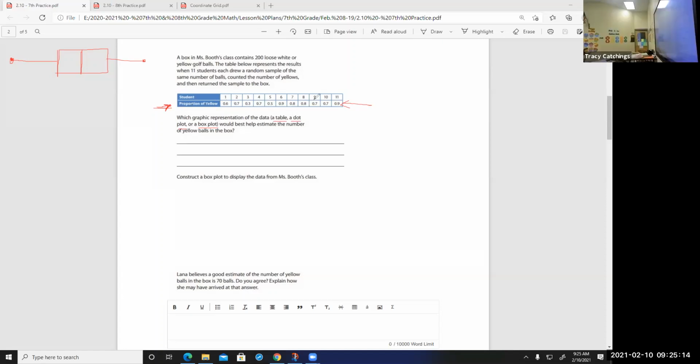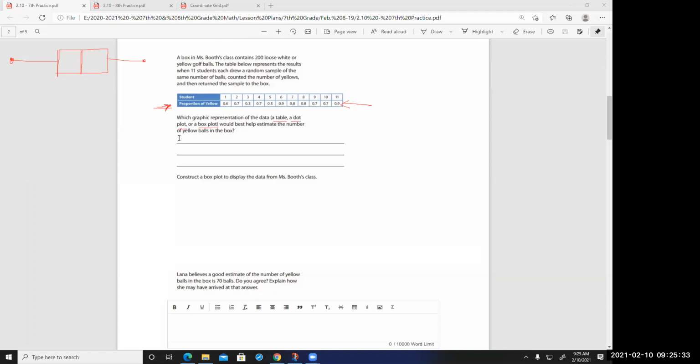So when you saw these values for the proportion, what did you think of? Did you think of a table? Did you think of a dot plot? Table. Why would you say a table, William?